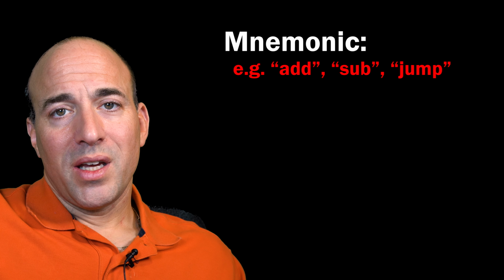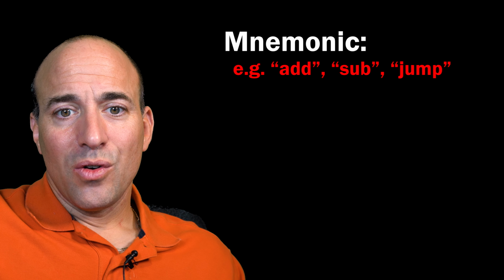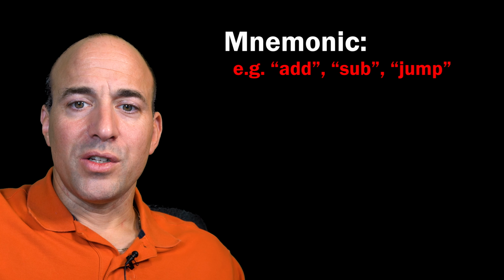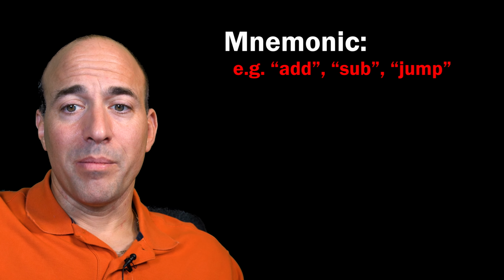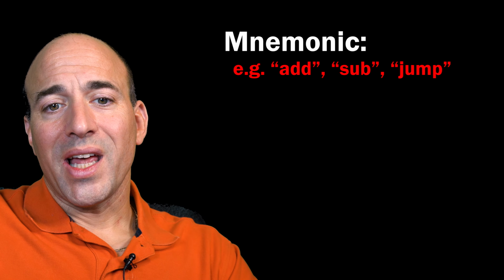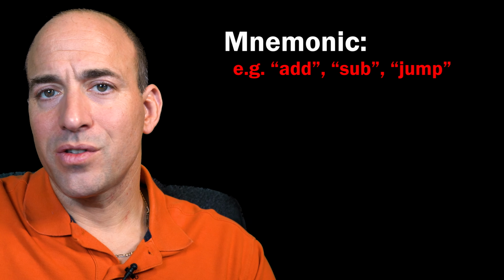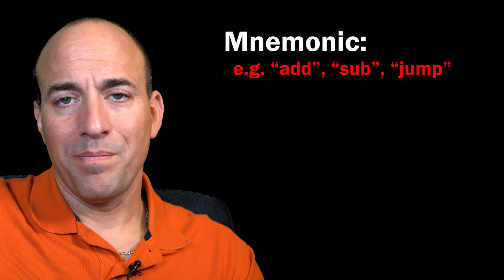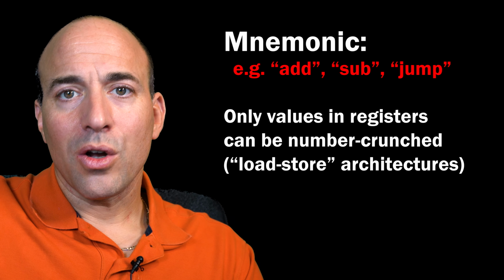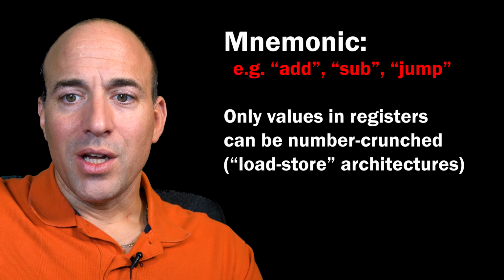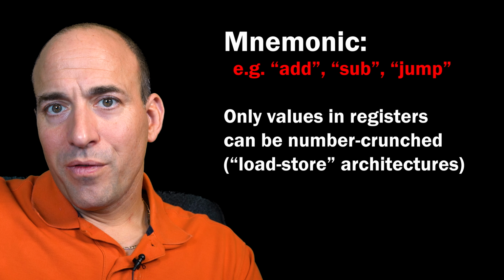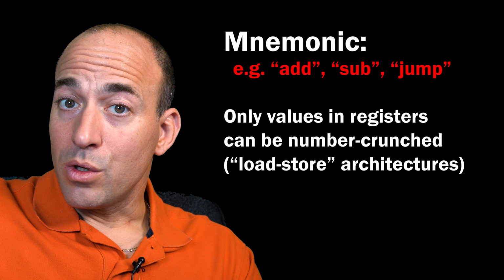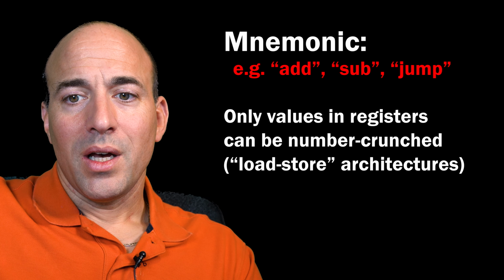Each instruction can perform a single, simple, primitive operation, such as to add two values, compare two values, or select the location of the next instruction that's executed after the current instruction, which would be a branch or a jump instruction. Numerical and logical operations can only be performed on values that are in the CPU's register file.